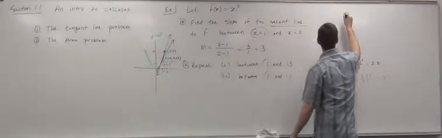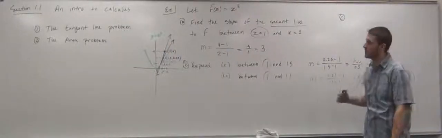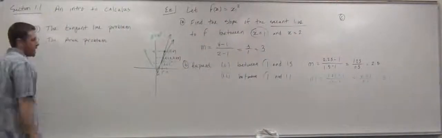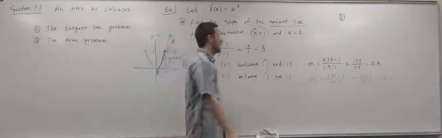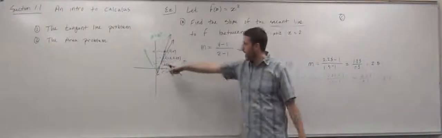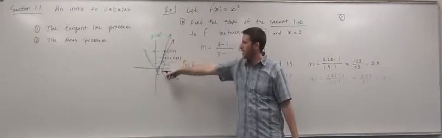So part C is the tangent line problem. The whole reason the first three chapters in this book exist is to solve the problem: what's the slope of a line that goes through 1, 1 and only hits this graph once?